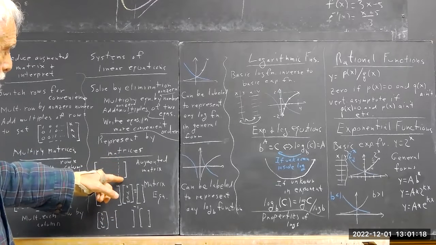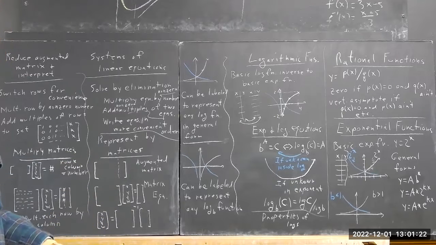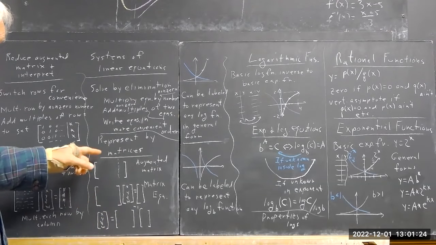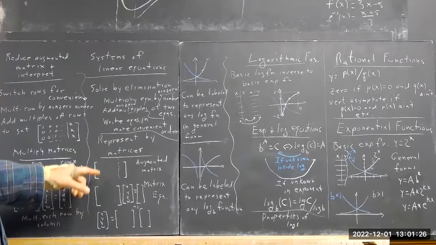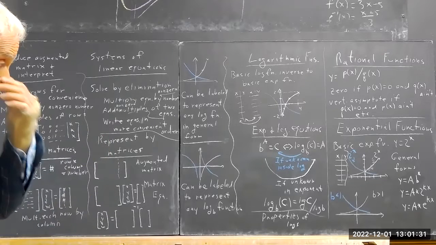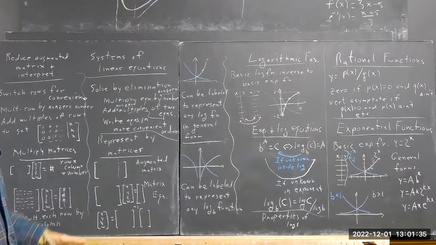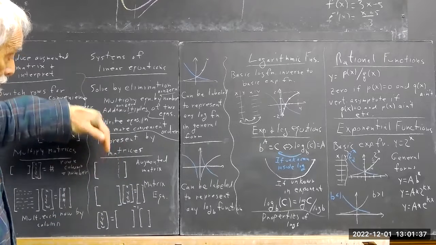You have a single column here, and as many columns here as you have variables. If you have just X and Y, you're going to have a number here, a number here: one column, two columns. If you have three variables, X, Y, and Z, then you're going to have three numbers here, here, here. That gives you three columns.